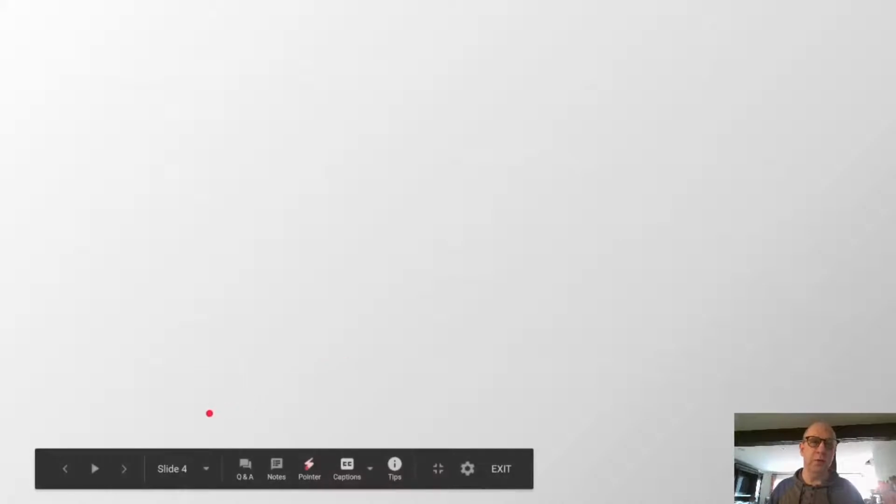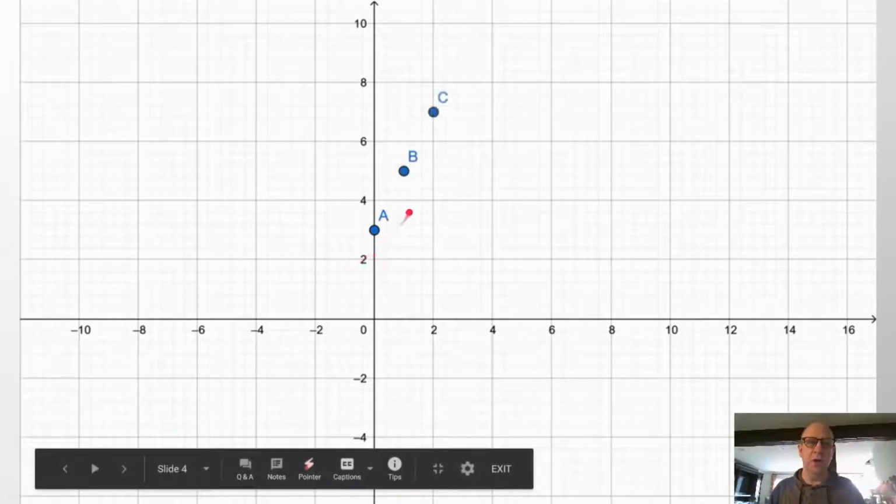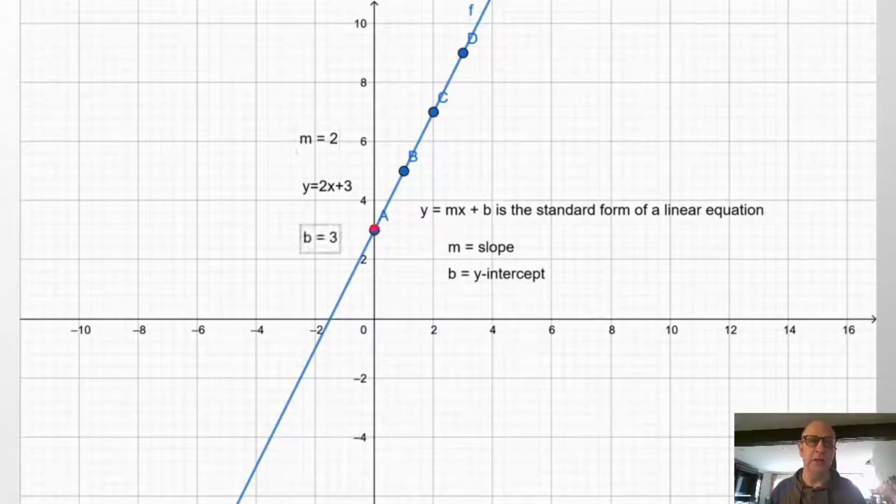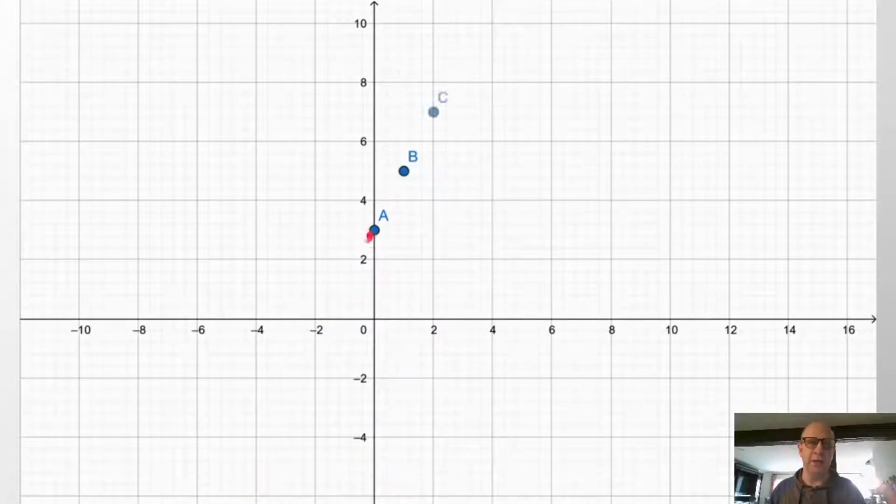Very related to the proportional relationship is the linear relationship. And so the only real difference on the graph is that it starts somewhere on the y-axis that is not through the origin.